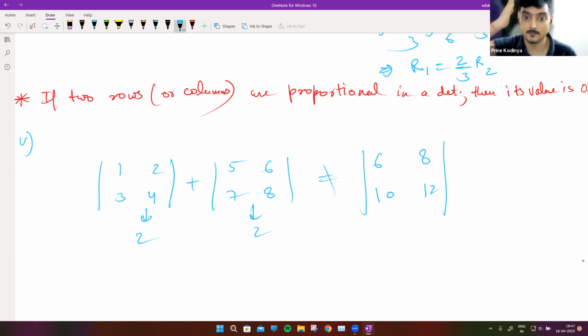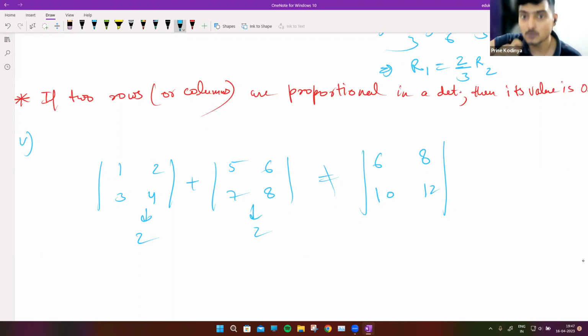That is, either the first column has to be equal to the first column, or the second column to the second column, or the first row to the first row, or the second row to the second row. Out of these 4, one must be there. Right?